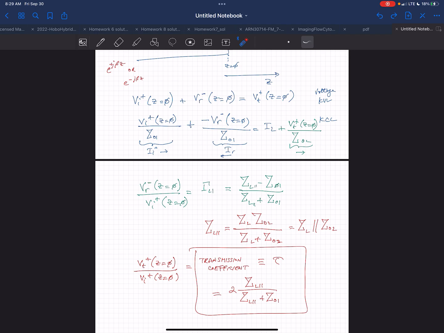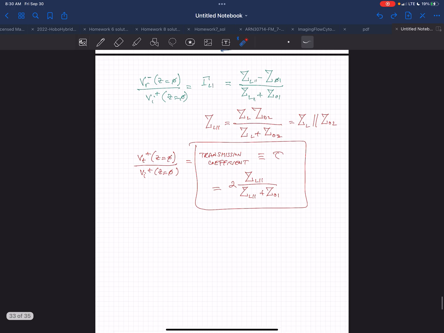To me, it's a special case. You may end up somewhere where you use it over and over again, but I think it's interesting from the standpoint of looking at transmission lines and seeing how you get reflections and transmissions. It's not something you guys should stress over. Okay? Everybody good?